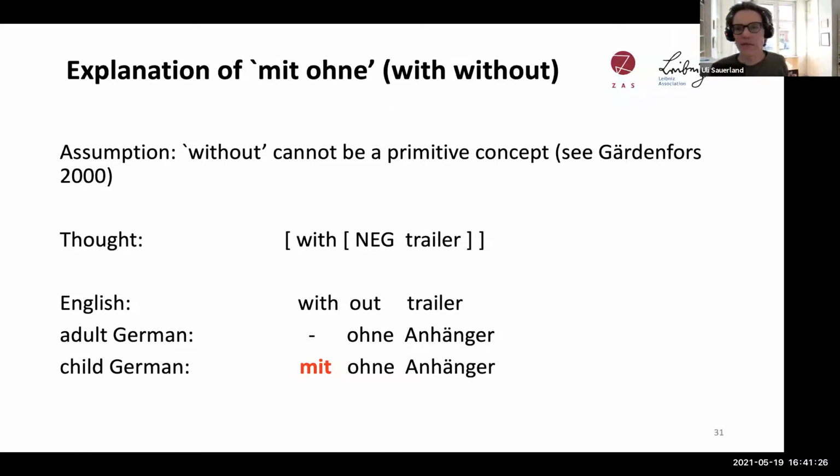You can take this as evidence for the presence of unarticulated material that's present in the thought representation, and hopefully deduce some general principles of these thought representations, like this type of condition that negation cannot be part of a primitive concept in some sense.